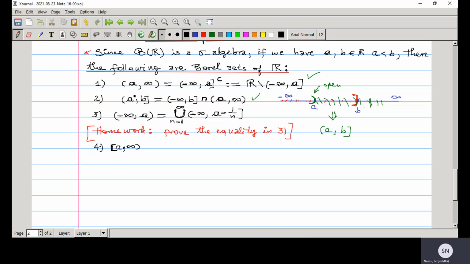Now we can show also that closed at A is also there. But this one is what? It's just a complement. It is the complement of negative infinity to A. That is this one that we just take the complement of. And what is that complement? It's R minus this.